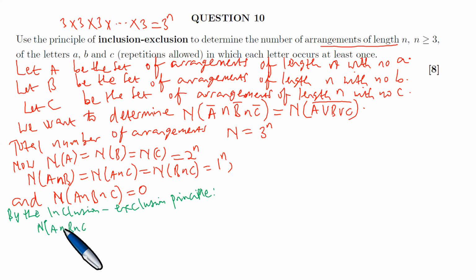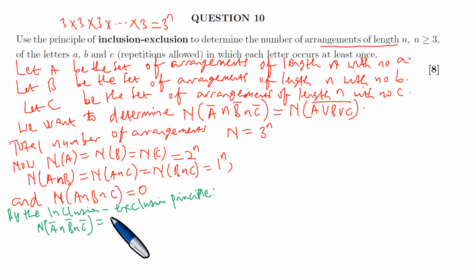We continue. So this one, complement of A, complement of B, complement of C. Now this one has three sets. Inclusion-exclusion is a principle that involves three sets.